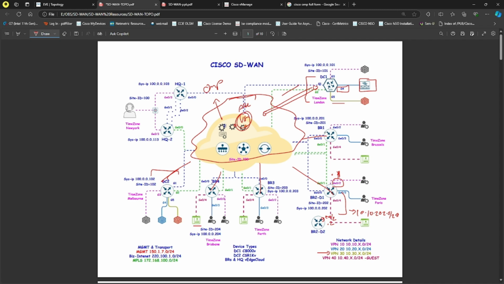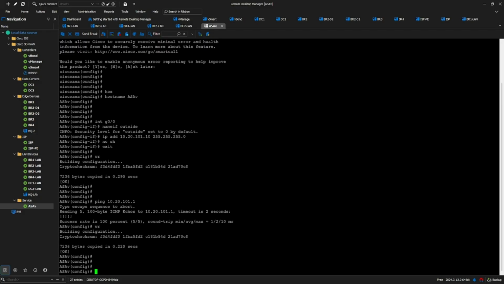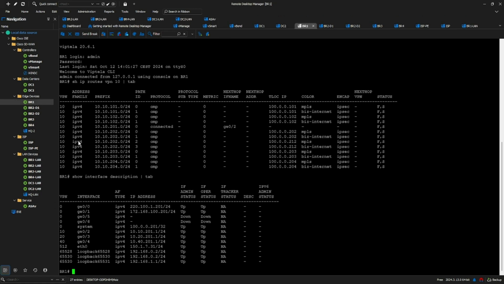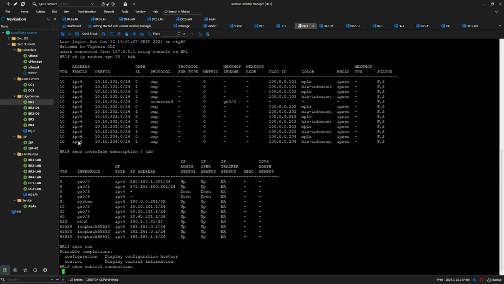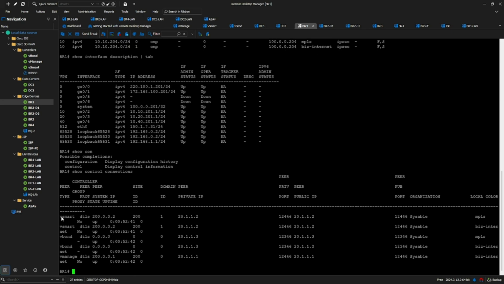Let's take an example of branch 1. If I go to branch 1 and run show control connections, you see that this device is connected to the vSmart via the MPLS and the business internet, and to vBond via the MPLS and business internet.